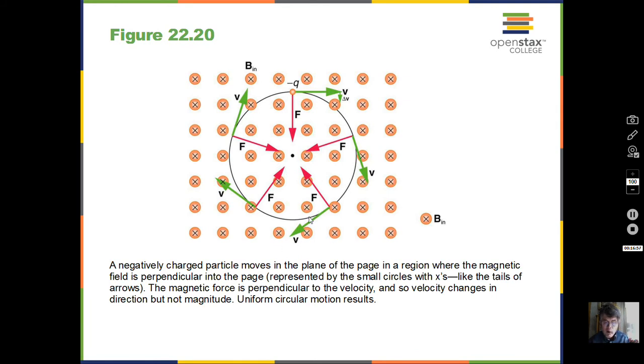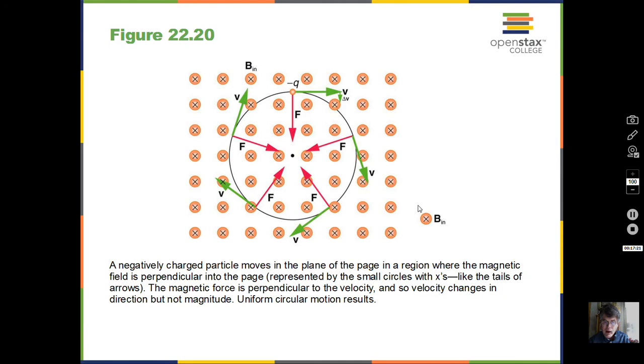And we will work with centripetal force again, mv squared over r, where v is the velocity. mv squared over r is the centripetal force, and we'll use qvB for the magnetic force. Why don't we have to worry about the factor of sine of theta? The general formula for magnetic force is qvB sine theta.